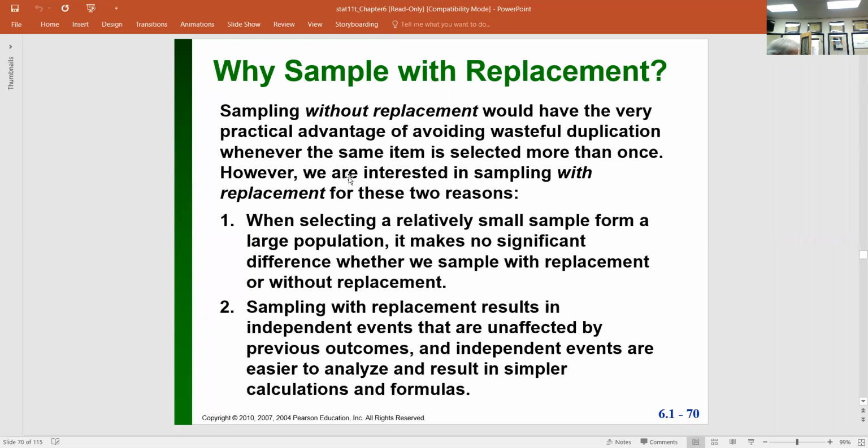Here we have a batch of 100,000 heart pacemakers, which includes 99,950 that are good and 50 that are bad, are defective.